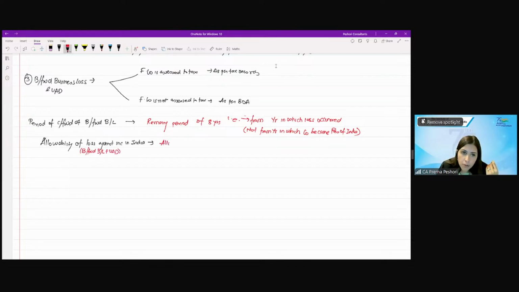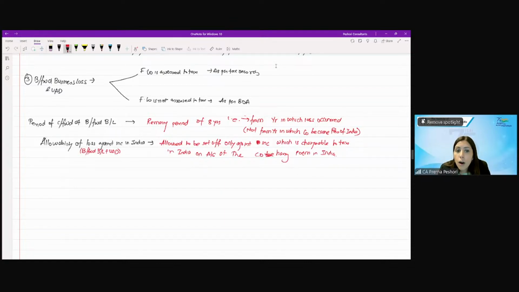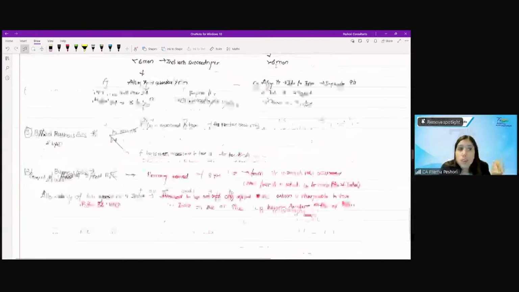So, this will be allowed to be set off only against the income which is chargeable to tax in India on account of the company having OM in India, or the company becoming resident on account of OM in India.